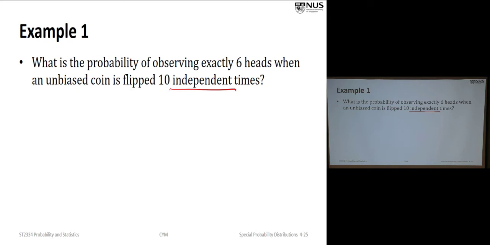So the whole thing fulfills the criteria for a binomial experiment. Now this is basically saying, what is the probability of x equal to 6, exactly 6, where x has a binomial distribution B, number of trials 10, probability of success half.